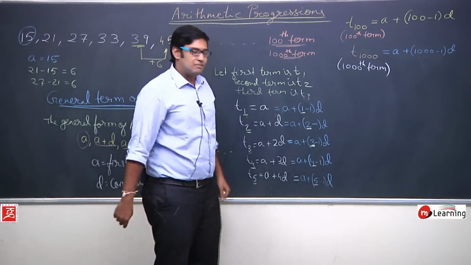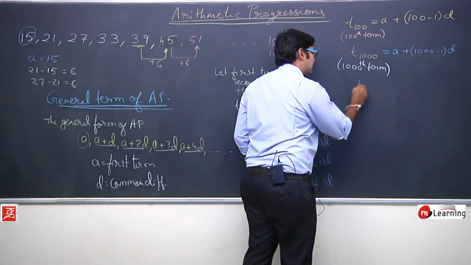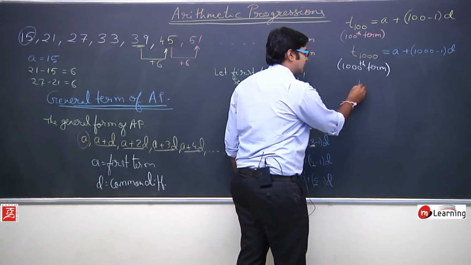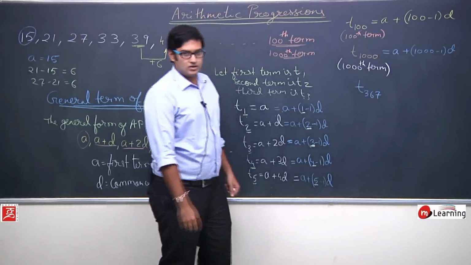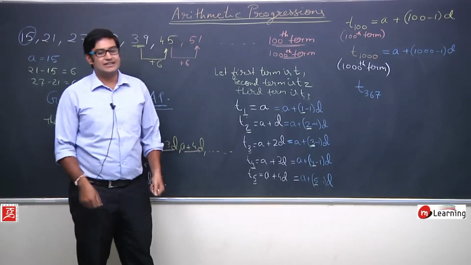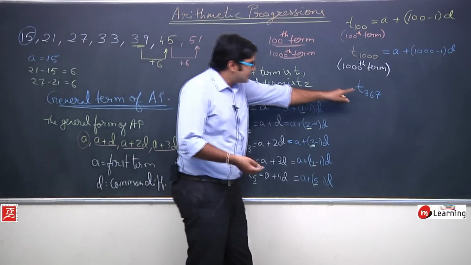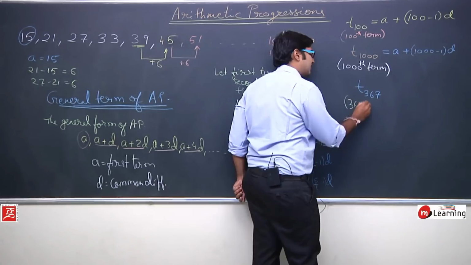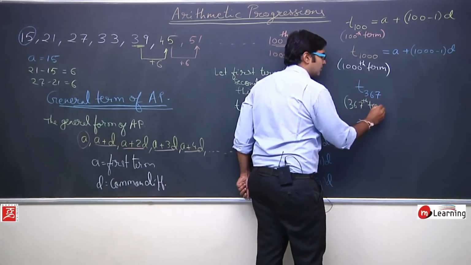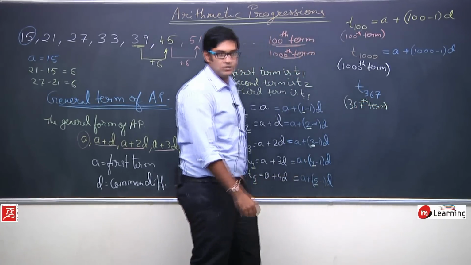Let us take one more example. If I ask you what is T367, T367 represents the 367th term of this arithmetic progression.